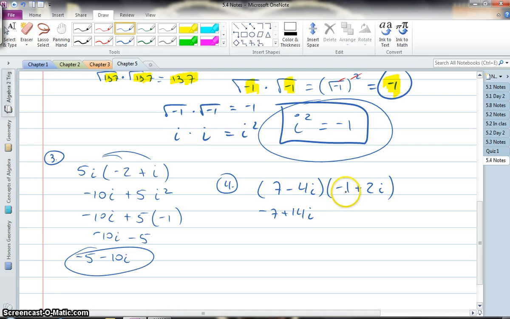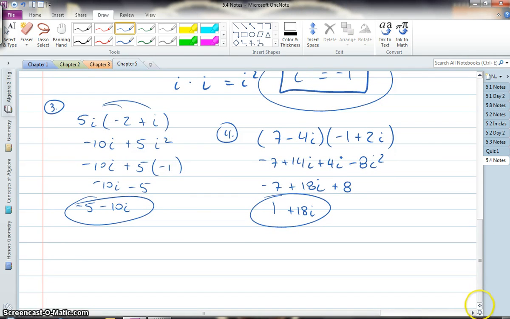Negative 4i times negative 1 is positive 4i. Negative 4i times 2i is minus 8i squared. So I have negative 7, 14i plus 4i is 18i. Negative 8 times negative 1 would be plus 8. So I get 1 plus 18i. All right, so that's multiplying complex numbers.